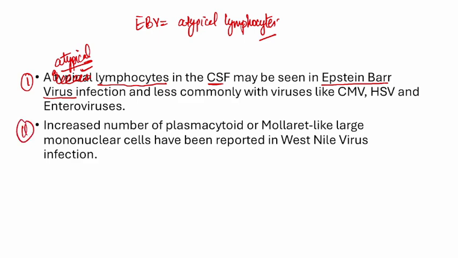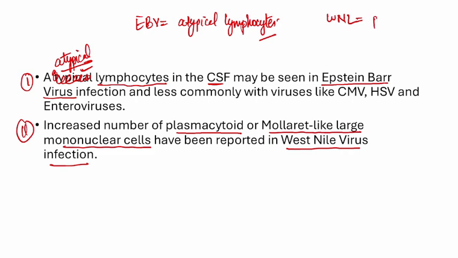This is the first case. This is the second case. Plasmacytoid or Mollaret-like large mononuclear cells. We will see it in West Nile virus infection. West Nile virus encephalitis is in itself very much important. So what do we see in CSF in West Nile encephalitis?